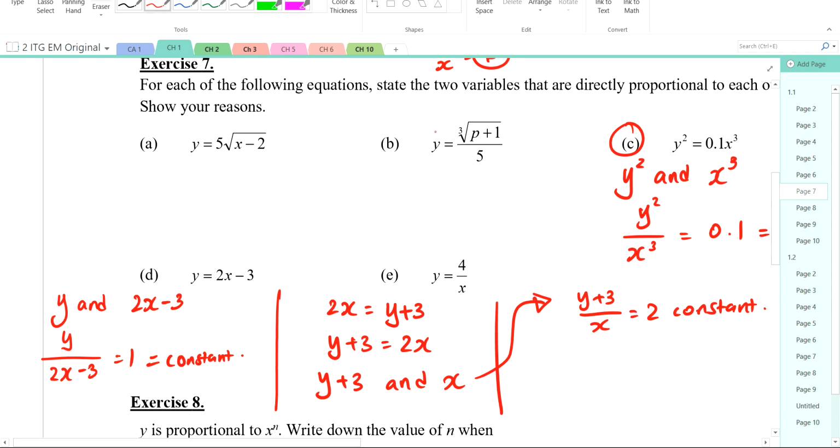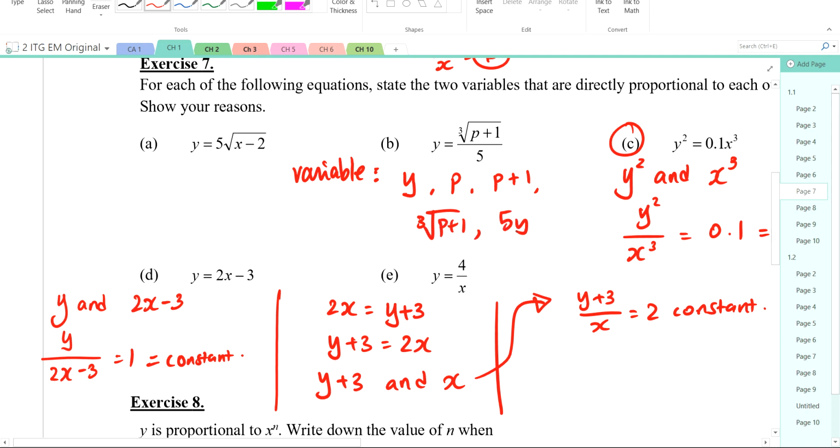As long as I can write two variables, and I put one variable divided by the other variable, I get a constant, I can conclude that they are directly proportional. So here I've got different variables. It could be y. It could be p. It could be p plus 1. It could be cube root of p plus 1. It could be 5y.